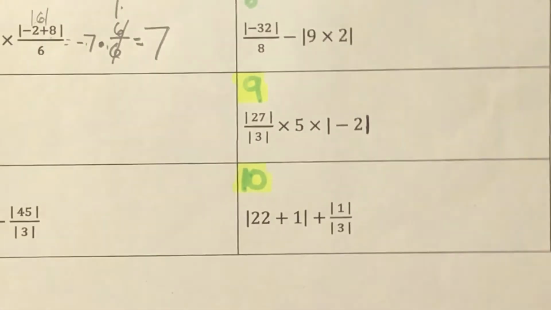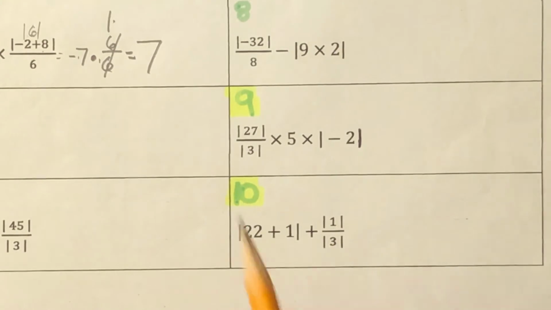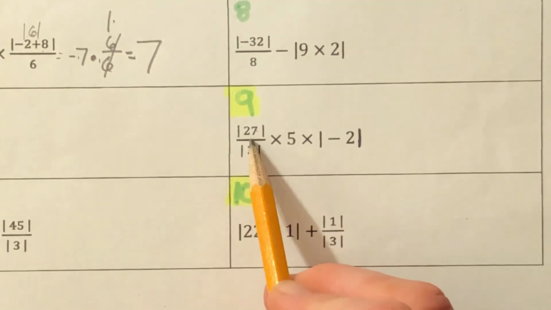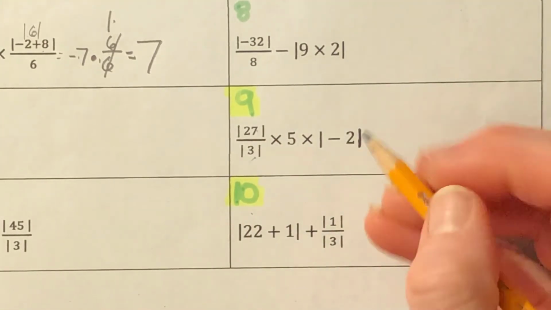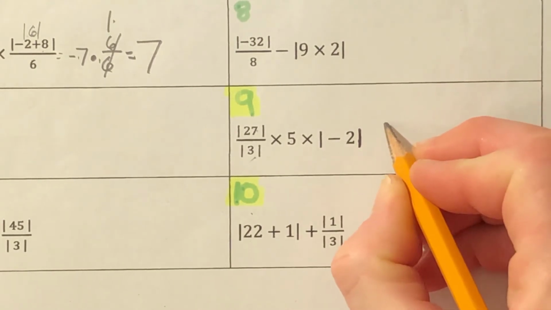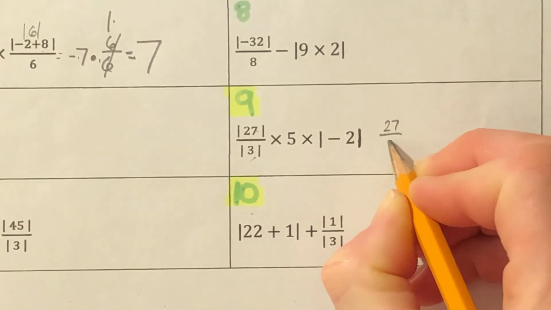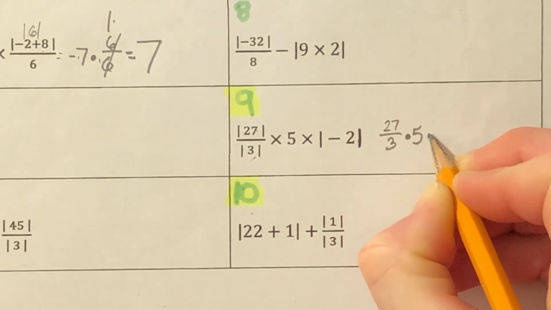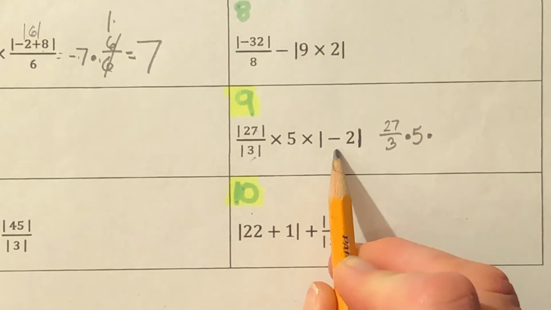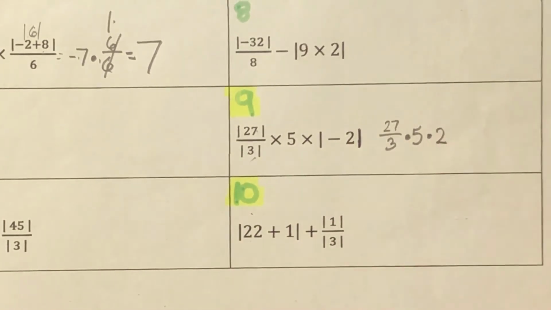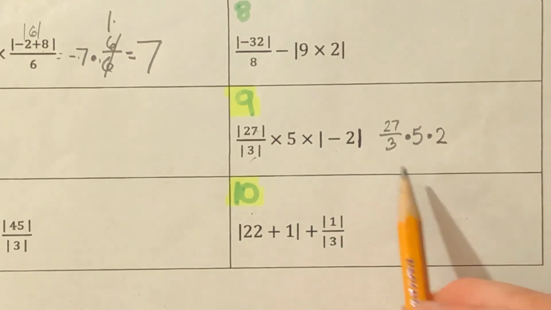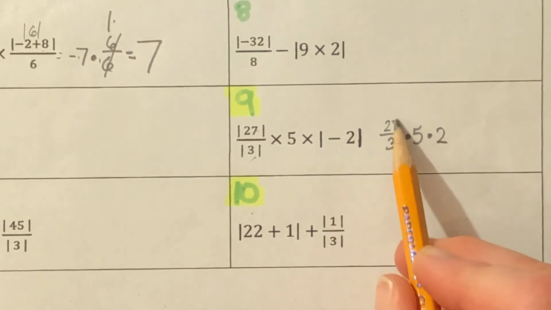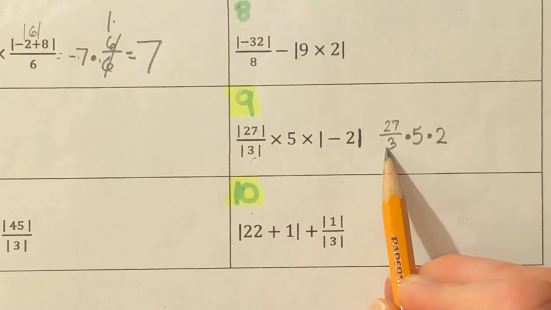Number 9, look at that one. The absolute value of 27 divided by the absolute value of 3 becomes 27 divided by 3 times 5 times the absolute value of negative 2 is 2. I'm not going to multiply fractions because this divides into a whole number. 27 divided by 3 is 9.